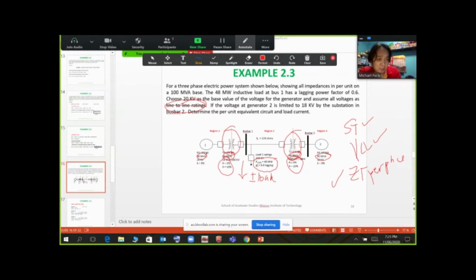You can see at the load side, instead of impedance, it is given by S. So we can already compute for the system here, for the requirement of the system in terms of per unit, simply because we satisfy all the three things. And last but not the least, you need to know where you will start the solution.